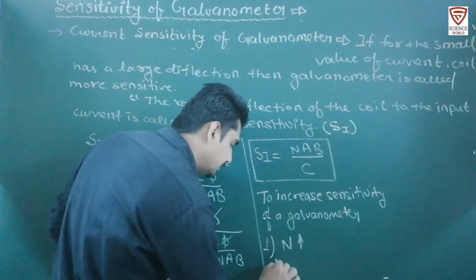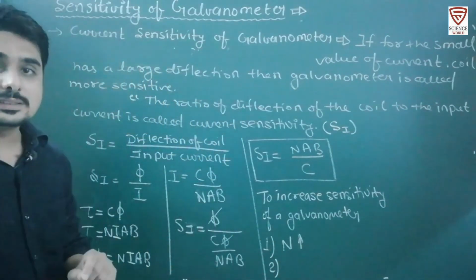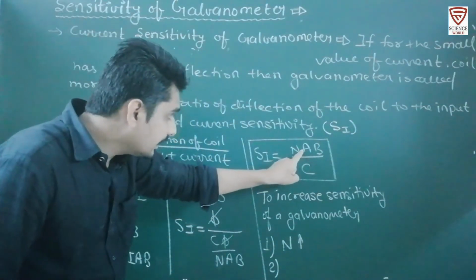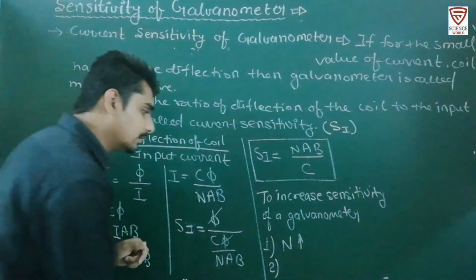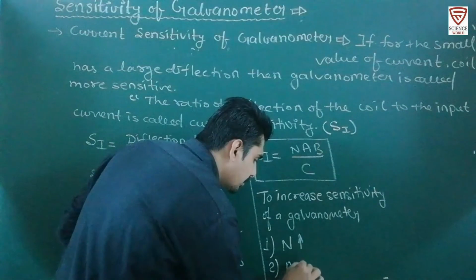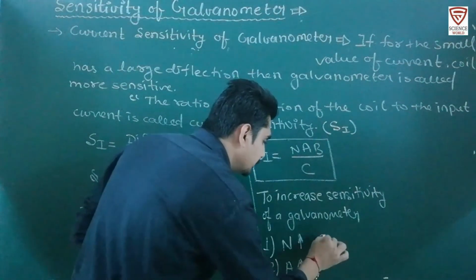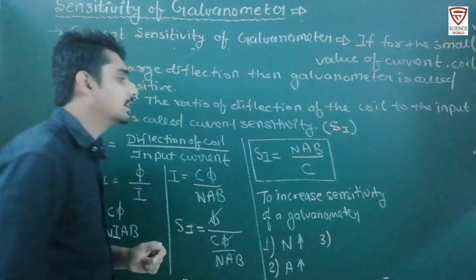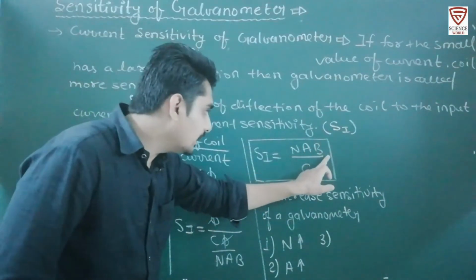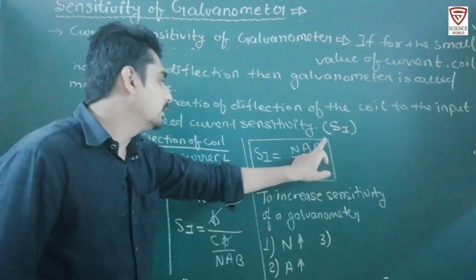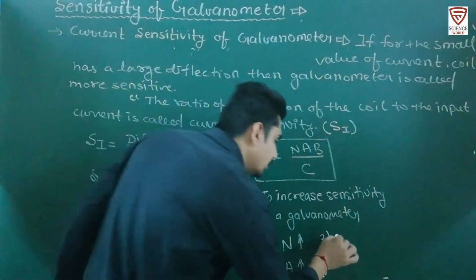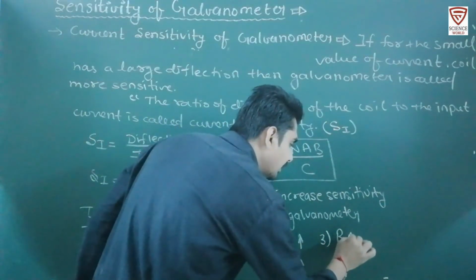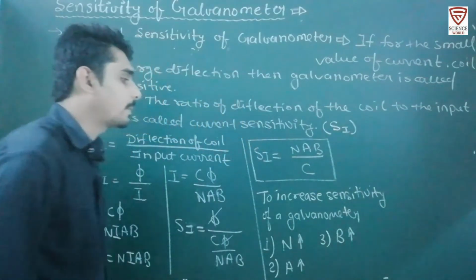Number second, you can see that if we increase the area of the coil, then sensitivity will also increase. So area should be increased. Number third, if we increase magnetic field, then sensitivity will also increase. So intensity of magnetic field should be more.